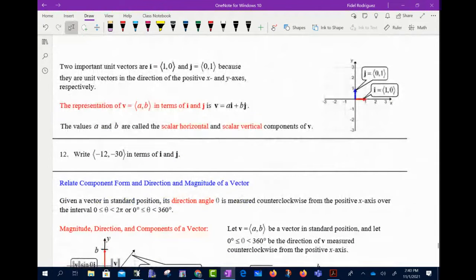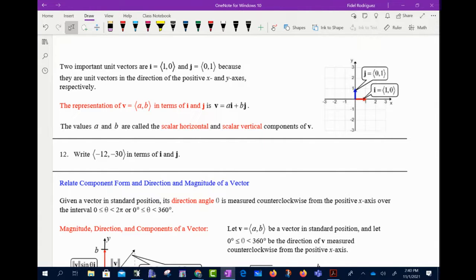Okay. So the next part I have here, y'all, says two important unit vectors are i, which has components of 1, 0, and j, which has components of 0, 1. These are what we call unit vectors in the direction of the positive x and y axes. Okay.